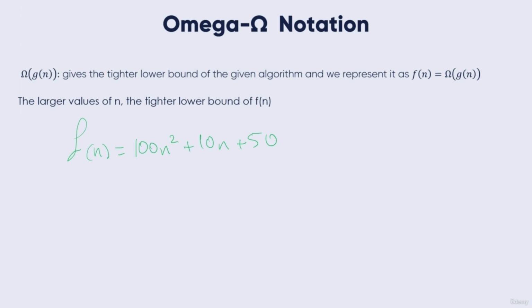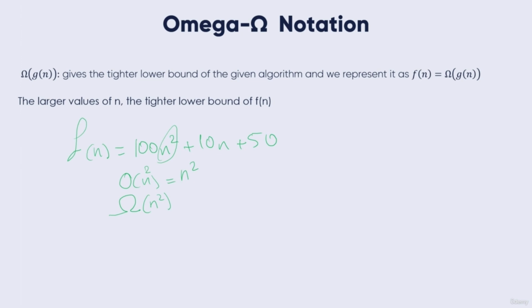If we need to consider the O of n for this function, the highest value is n squared. And the omega notation for this is omega of n squared, okay? Omega n squared, because it is the tighter lower bound.